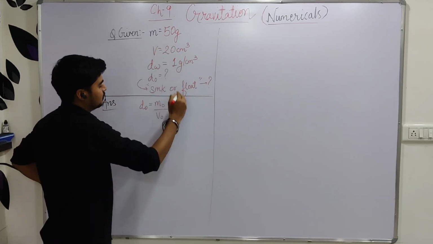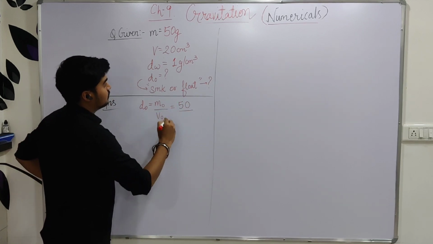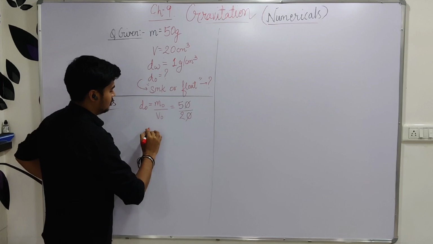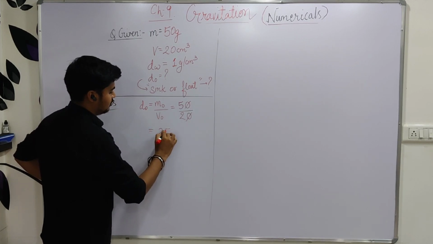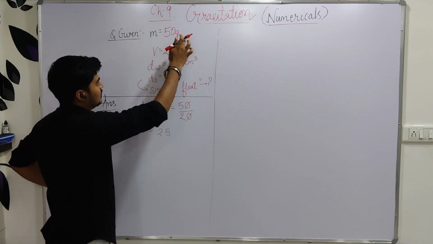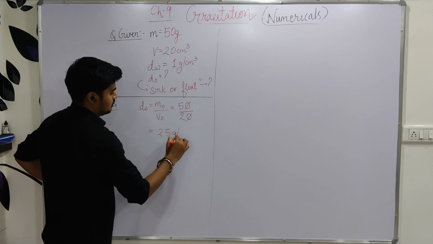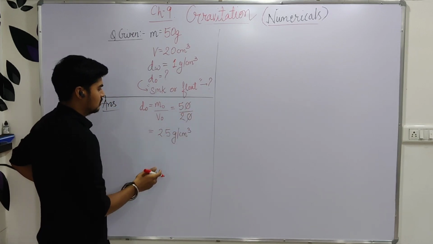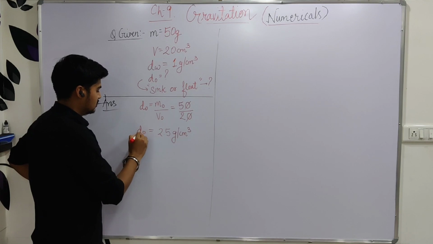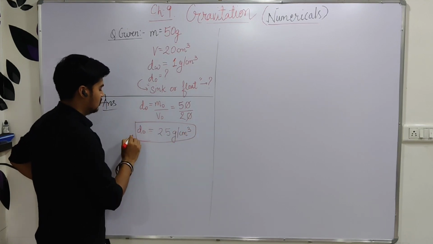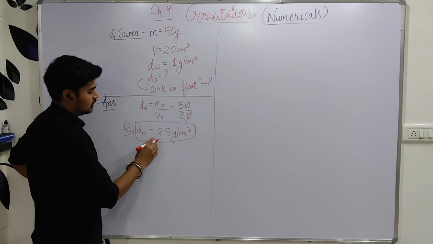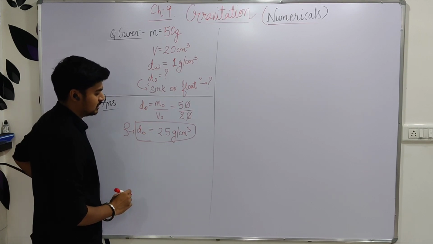Mass of the object is 50 gram upon volume 20 centimeter cube. 5 by 2, 2 to 4, 2.5. Unit will be gram per centimeter cube. You can just put the respective units here. You will get the density of the object. Also you can call it rho as 2.5 gram per centimeter cube.